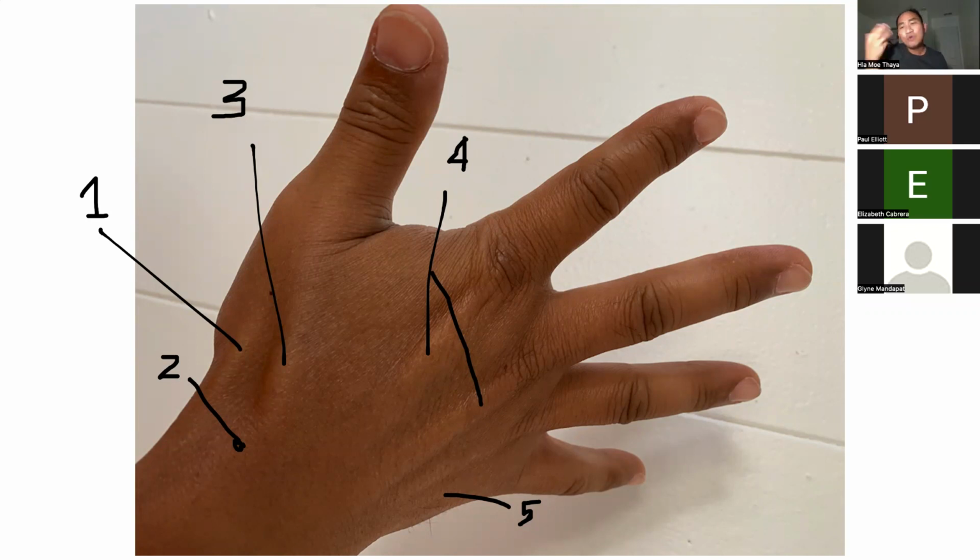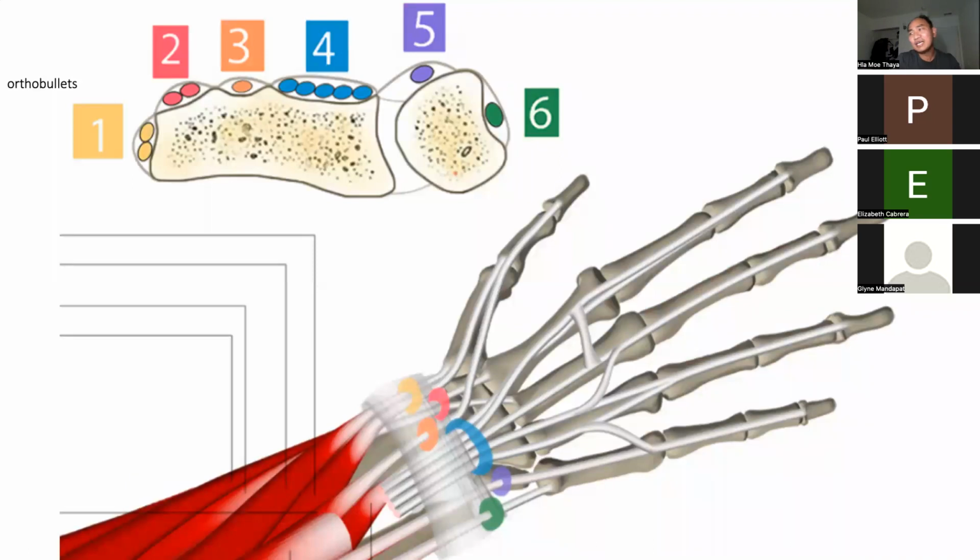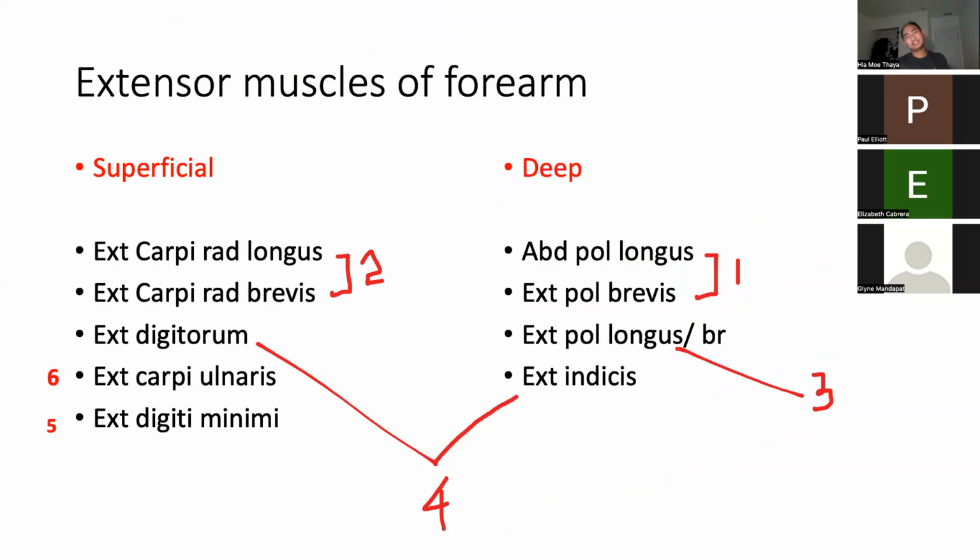Of course, you won't be able to remember with the first attempt. I have to remember again and again, year after year. But of course, when we are studying anatomy, we try to learn and remember the names of these muscles, which we can see here. And the tendons are running like that, and these are the muscles. In our textbook, they divide them into a superficial group and a deep group.